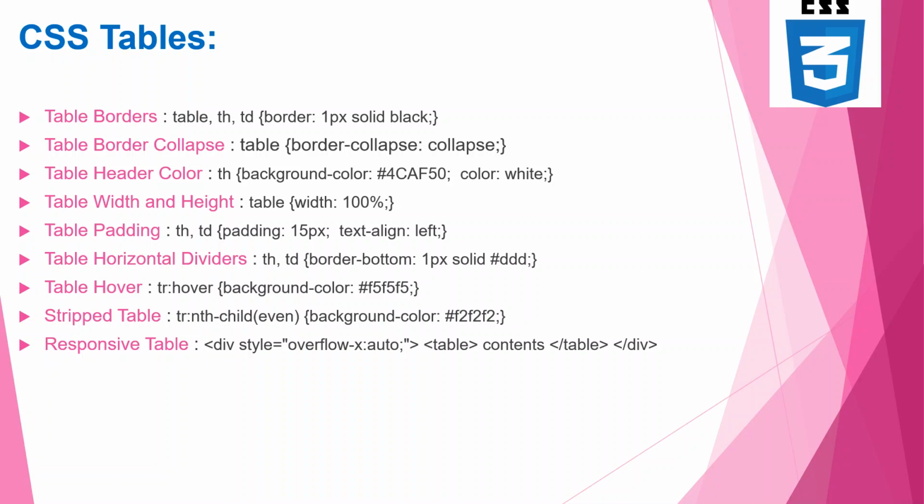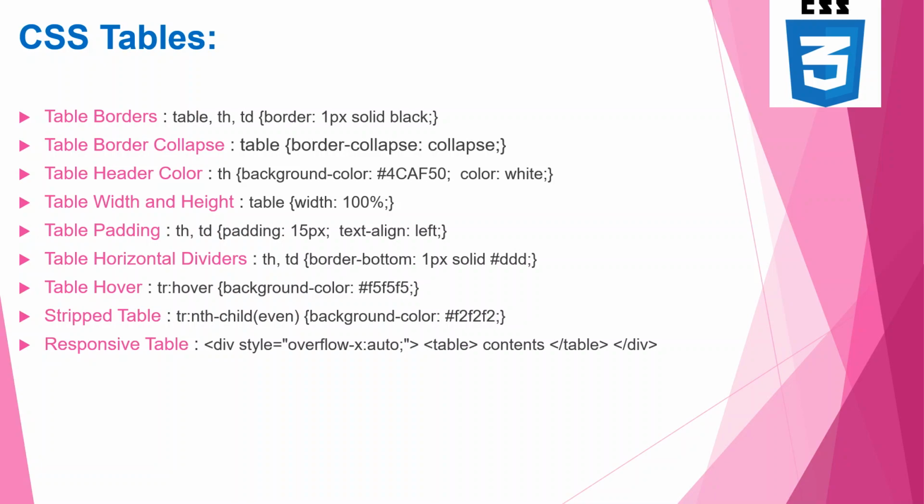In this class we will discuss styling HTML tables with CSS. We already discussed in the HTML tutorials how to make tables with the table tag, th that is the table header tag, tr that is the table row tag, and td that is table data.